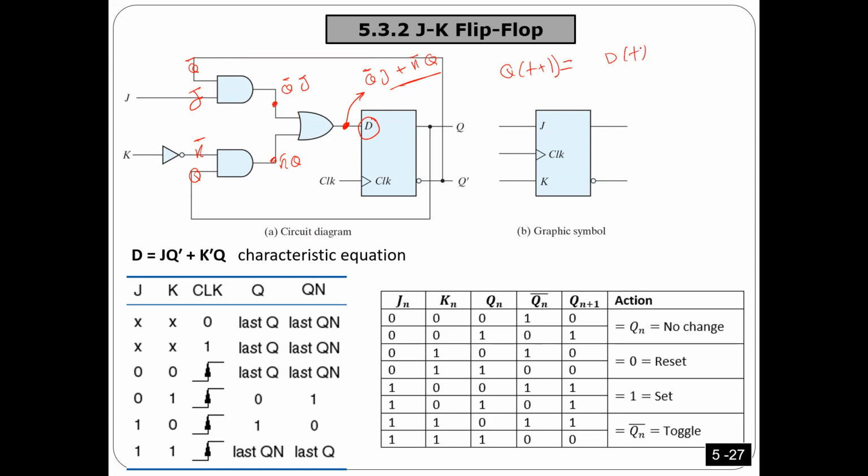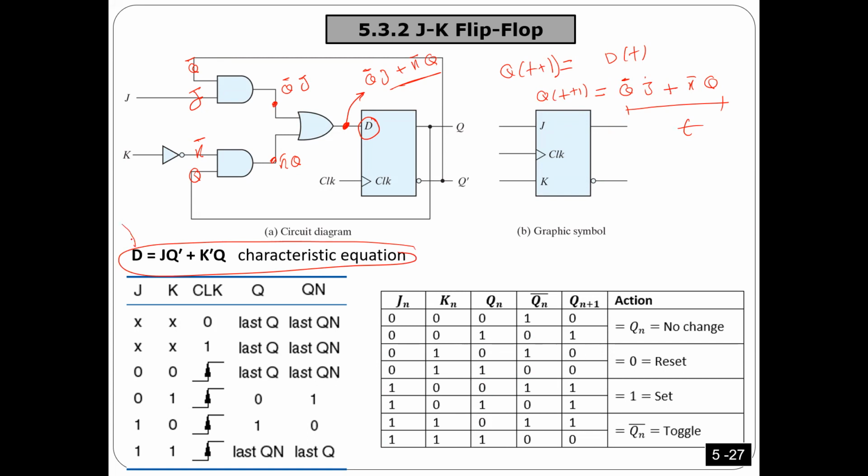That means I can write here what we call the characteristic equation. Again, the characteristic equation gives you the relation between the new Q and the current input, as I explained before. So here now I can say Q of T plus 1 is equal to Q prime J or K prime Q, and all of this at time T. That's what we call a characteristic equation here.